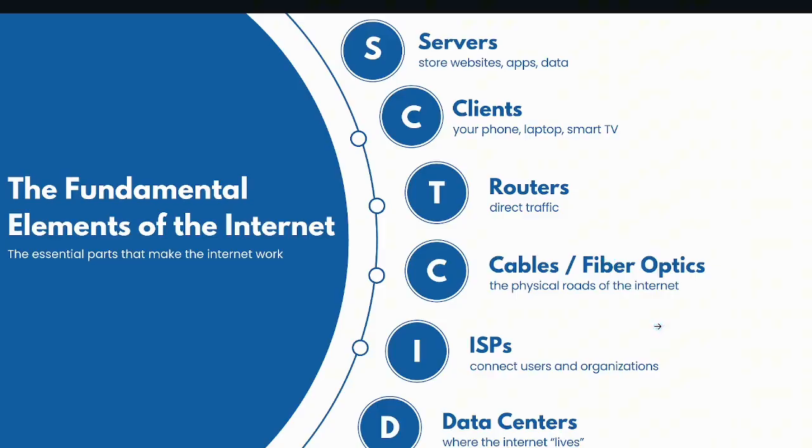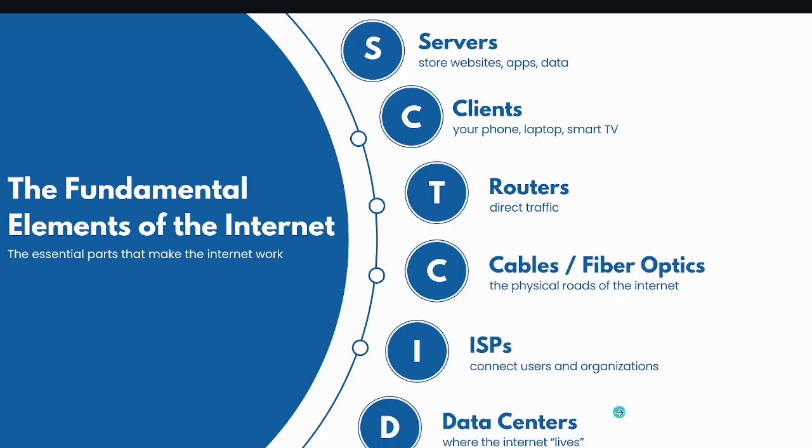And the next one is the ISP, which is the internet service provider. The internet service provider connects users and organizations. We have something like Starlink, MTN, Glo, Airtel, very soon. It gives homes and businesses access to the internet and manages the network that connects you to the world.